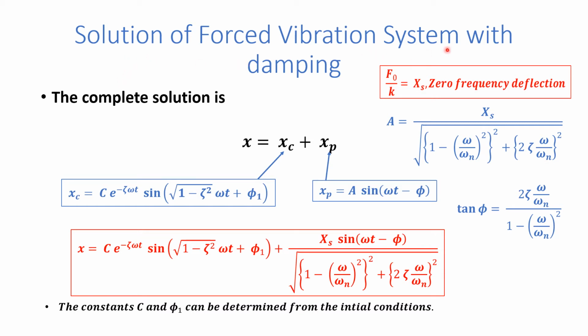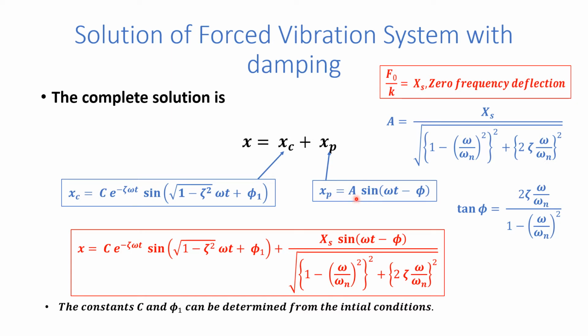Solution of forced vibration system with the damping we have already done. X is complementary solution plus particular solution. Complementary solution Xc we take for underdamped vibration system because in usual applications zeta is less than 1, and Xp is particular solution.